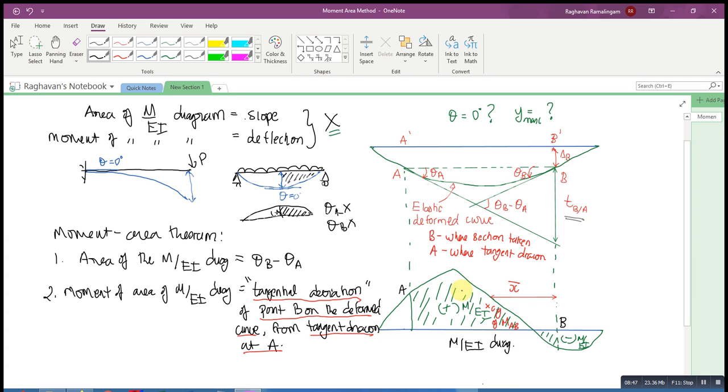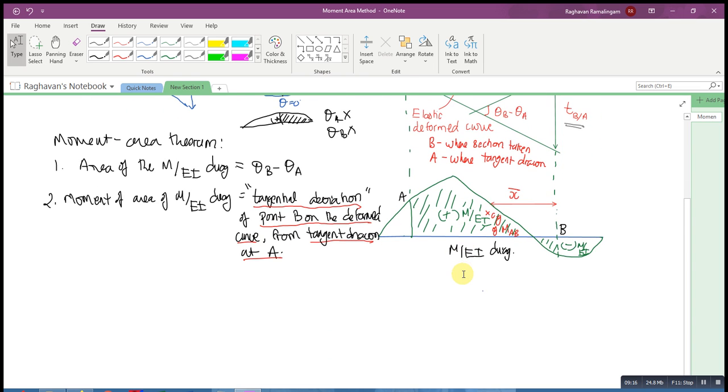Okay, and so you have a question. This is the area for which you want to take the moment. Now, do you take moment about A or about B? That is the question. You have to take it about B, the location where you want the deflection. Okay, you have to take it about the point where you want the deflection. So this is what the actual moment area theorem says.